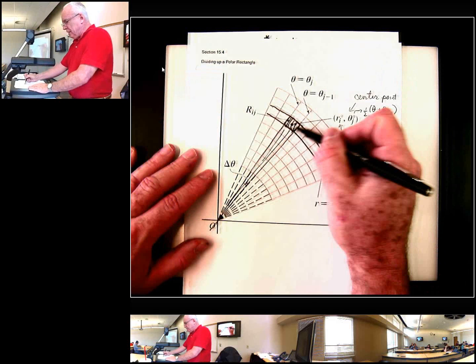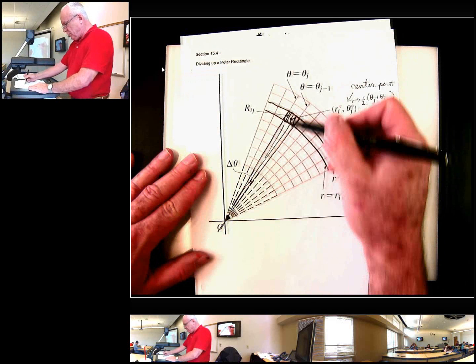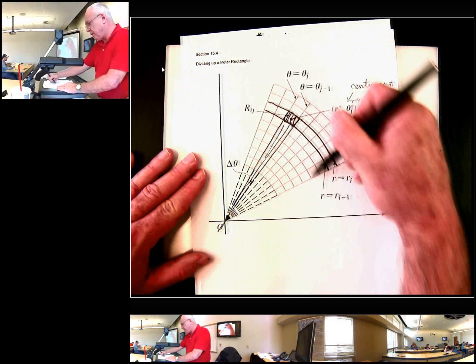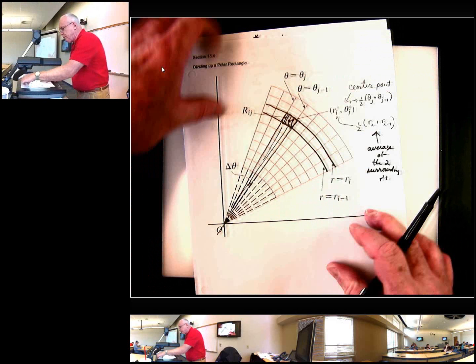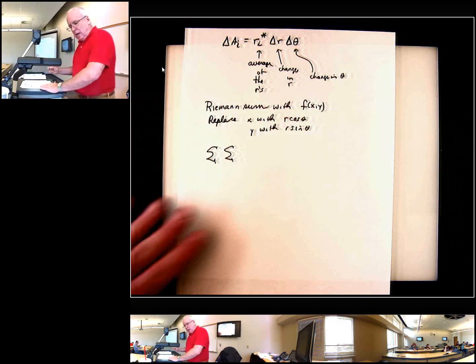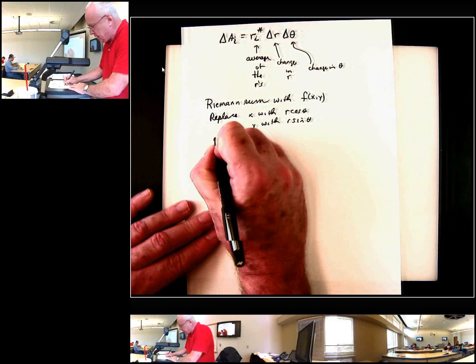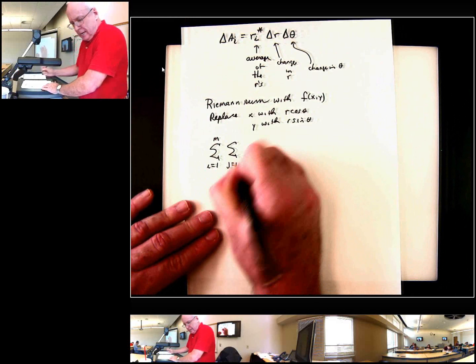We're summing up all these things. We've got a summation over the r's. We also have a summation over the various thetas. So we have two summations involved here. We just say this is i equals 1 to m, some number m, j equals 1 to n.